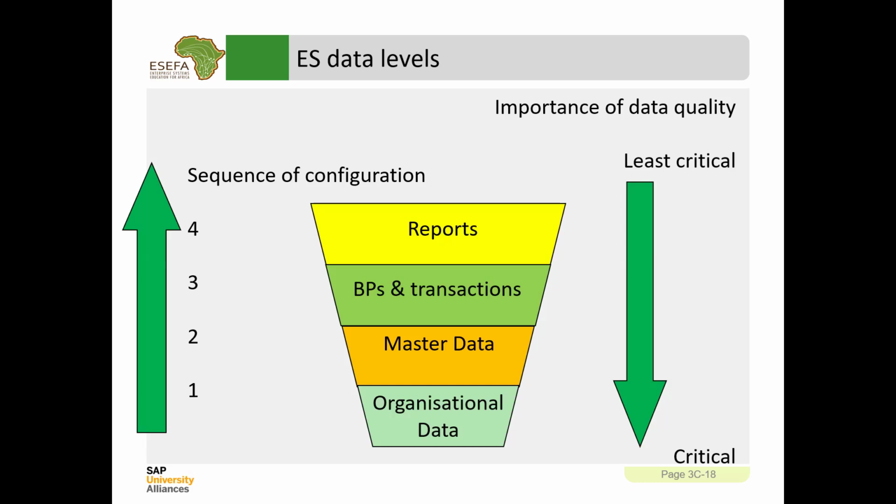So not everybody will have access to all the information of your business. So there is segmentation, as we said, of any ES system. So organization has to do with all your business processes. Next is your master data, next is your business transaction, next is your report.